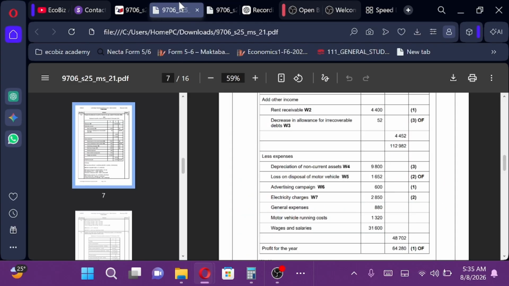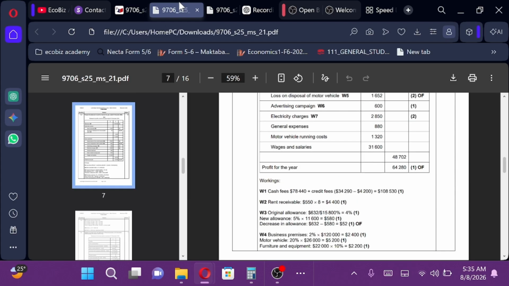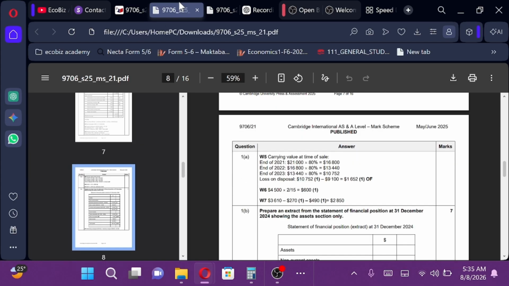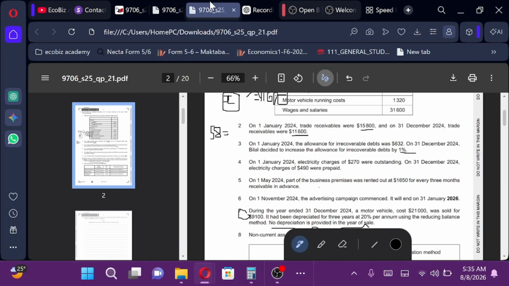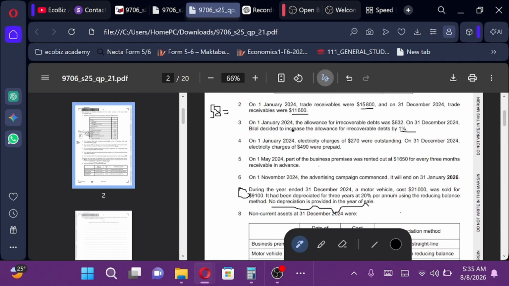So what we're going to do is calculate the amount of advertising campaign for this year. So guys, this is not actually that hard. We calculate the months, which, funny enough guys, is just 2 months. Because 1st of November and December, those are 2 months.